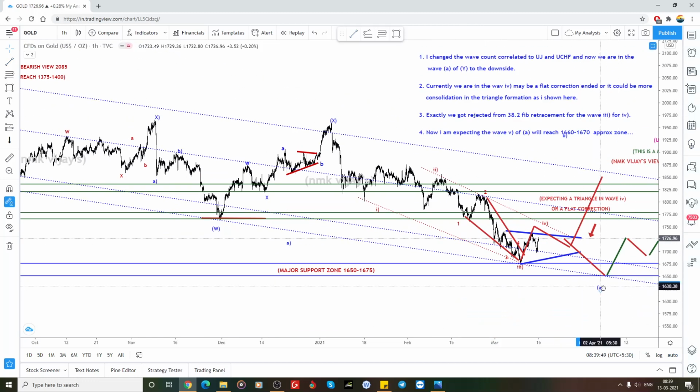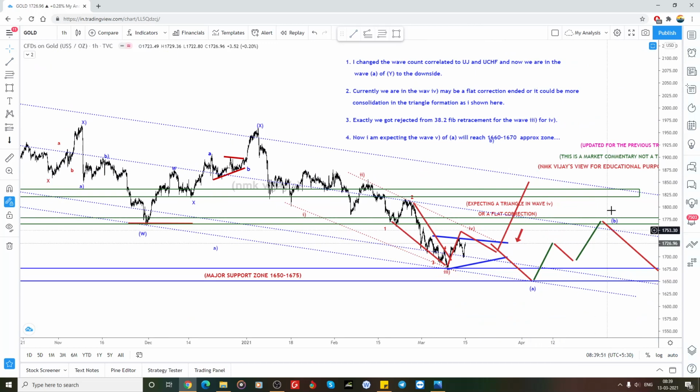After that again a B wave to that 1780, this broken zone, it could retest it. After that it could reach for that 1400, which is my positional target for this view.